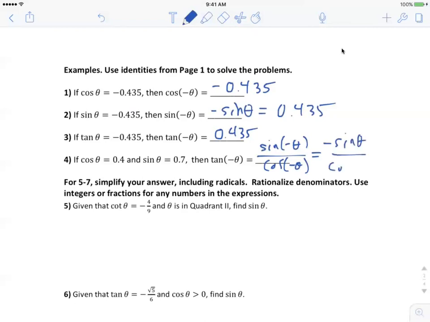The cosine, the negative just disappears. Okay, so negative 0.7 over 0.4. And then I would just have to calculate 0.7 divided by 0.4, which is 1.75. So this would be a negative 1.75.